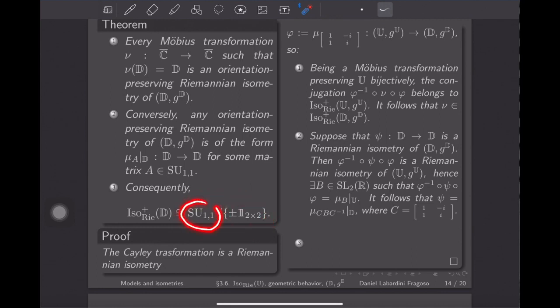Why does SU(1,1) appear? Well, because here we are, in both, speaking about Mobius transformations that preserve the disk bijectively, and if you recall, we proved that those are precisely those of the form Mobius transformation of a matrix in SU(1,1). And also recall that the elements of SU(1,1) are precisely those of the form alpha, beta, beta conjugate, alpha conjugate of determinant 1.